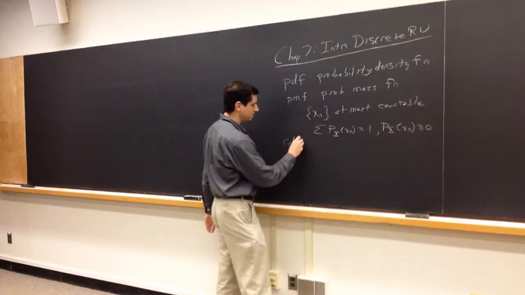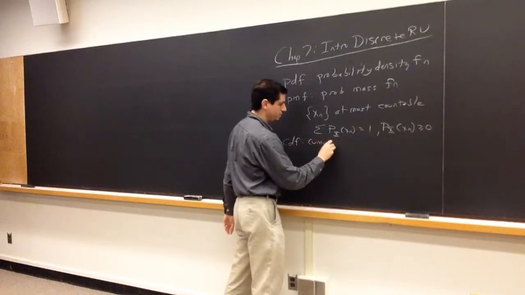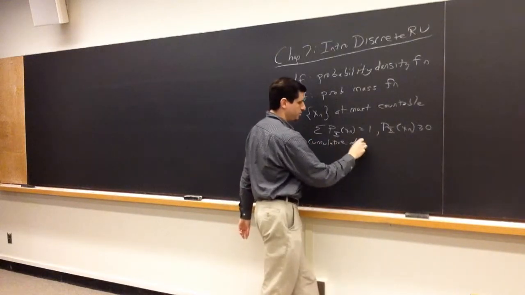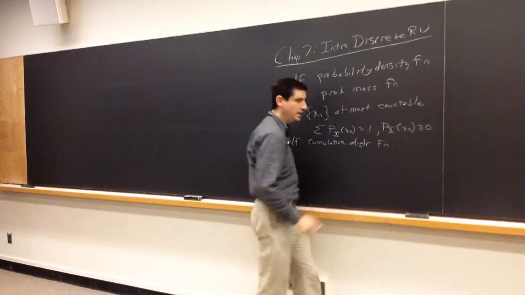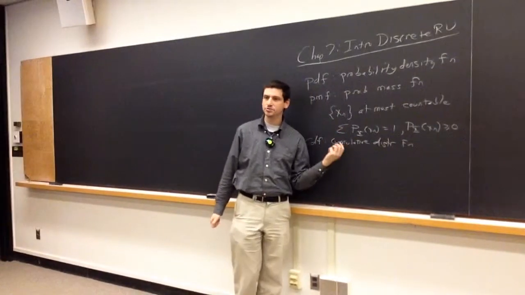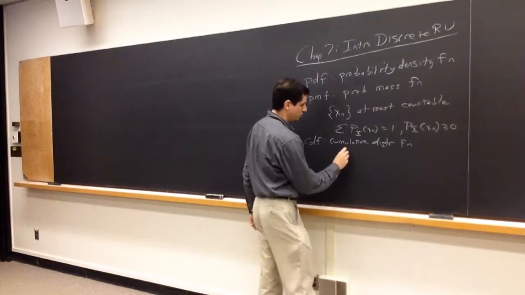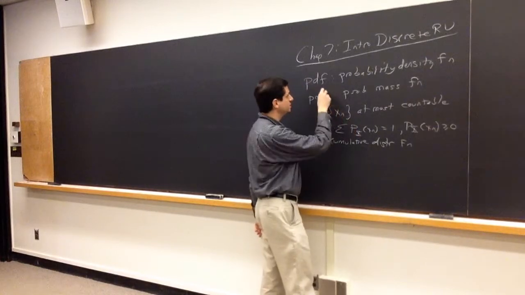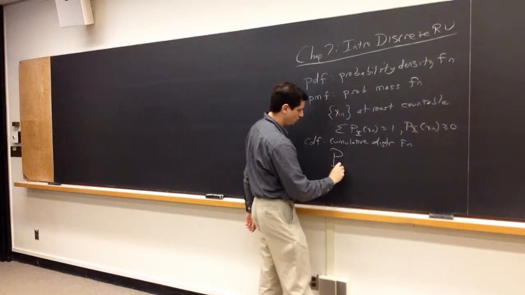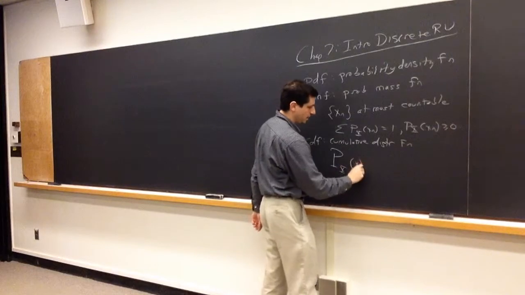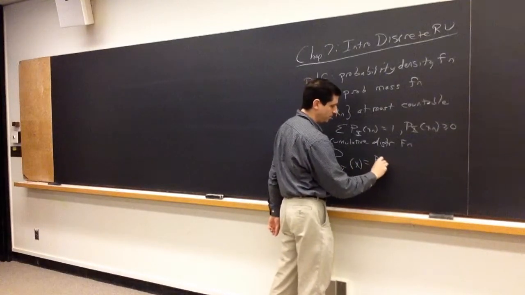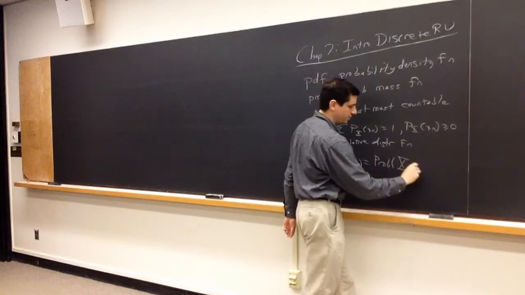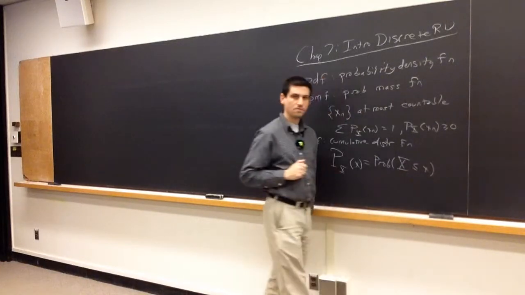The next is the CDF, the cumulative distribution function. And the CDF is a little bit harder in the discrete case than the continuous case. And so what we'll often do is use lower cases for densities and upper cases for CDFs. This would be the probability that X takes on a value less than or equal to x.